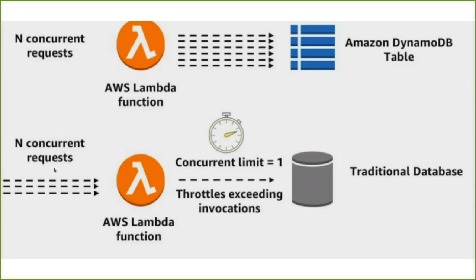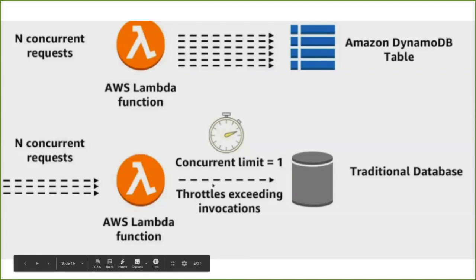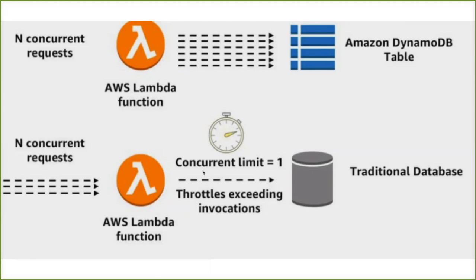So for some selected database functions, you can have a concurrency limit. In this case, we're talking about the database layer. To access the database, we can have one Lambda which allows only one concurrent, one-time access.